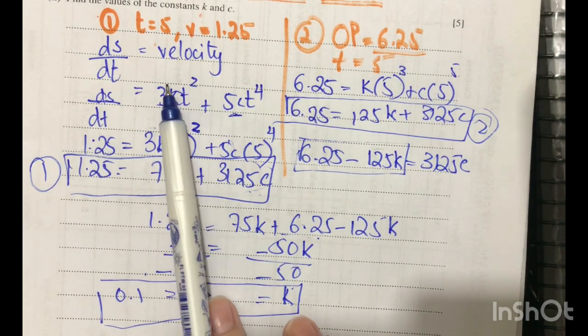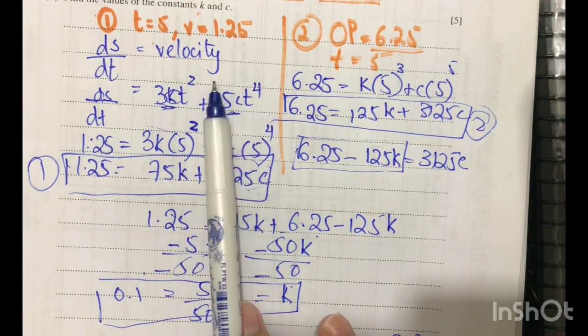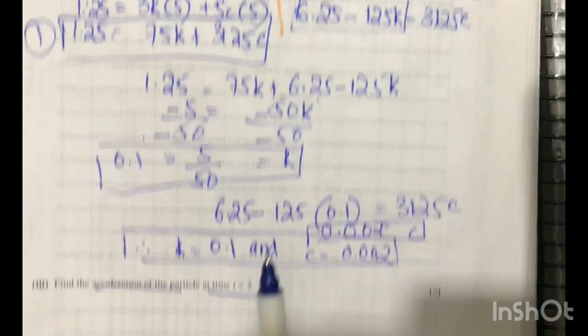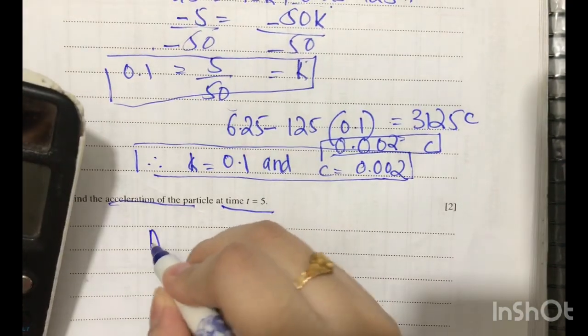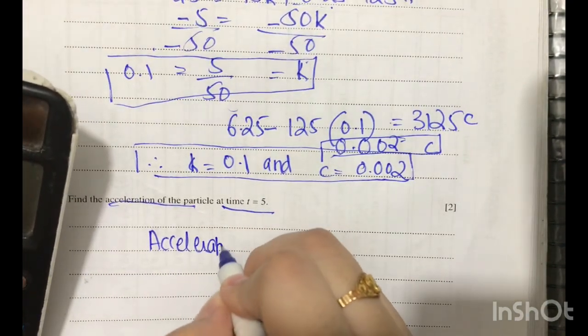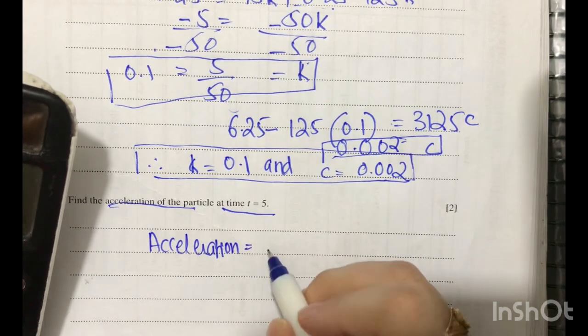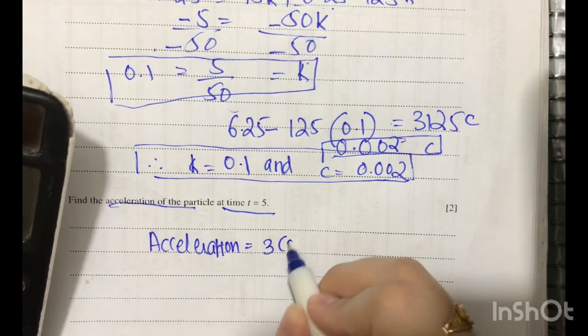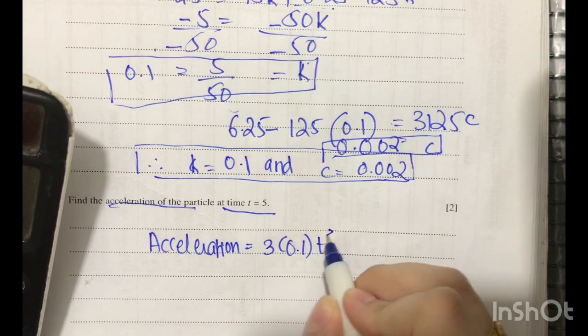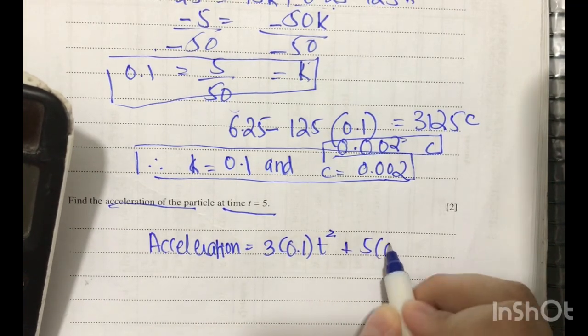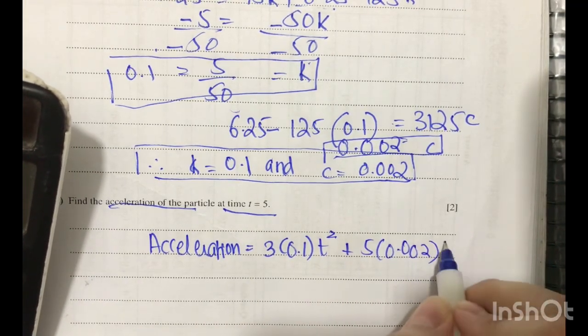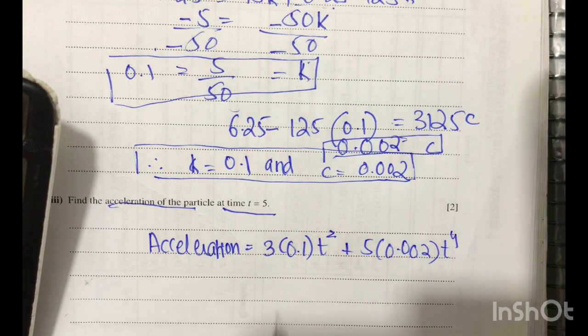Now we have the values of k and c, so we need to plug in those values to find the equation of acceleration. So acceleration is equal to 3 times 0.1 t squared plus 5 times 0.002 t raised to power 4.